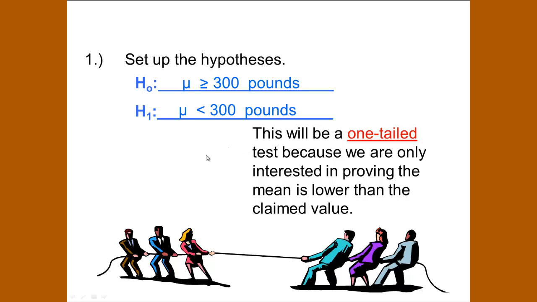To determine the number of tails and the direction of the tail, always look at the alternate hypothesis. The alternate hypothesis says that the mean is less than 300 pounds, so we will look at a left-tailed test, because less than will shade to the left.